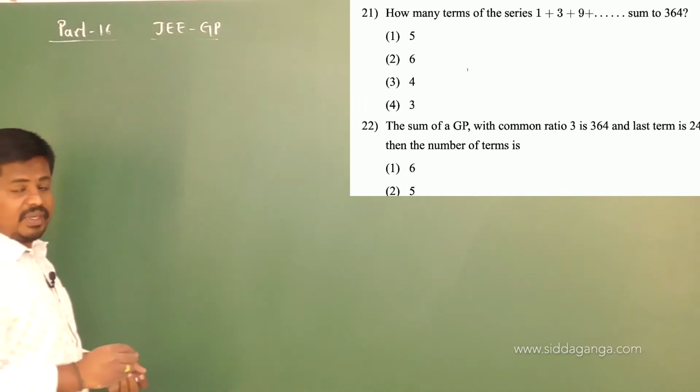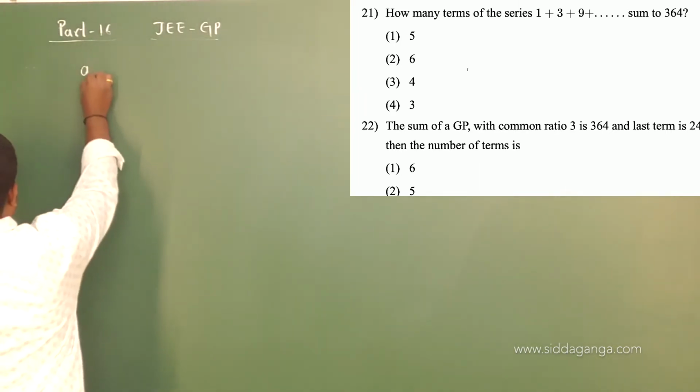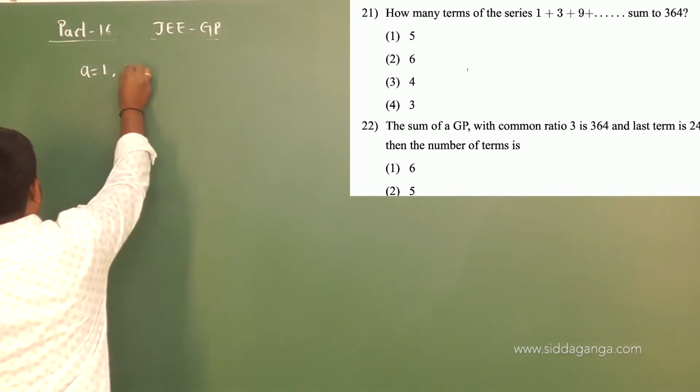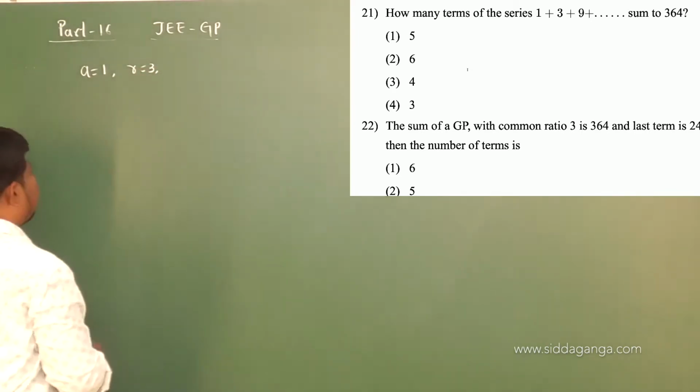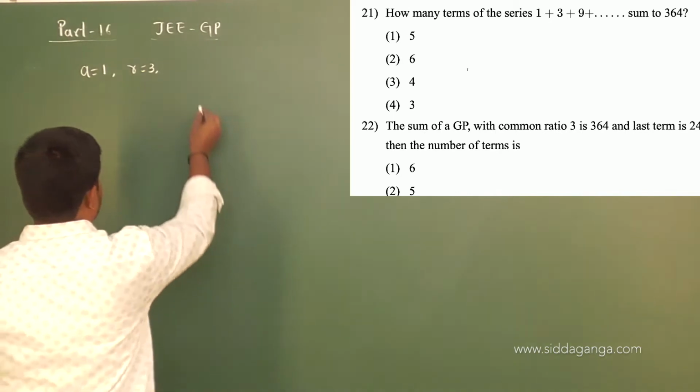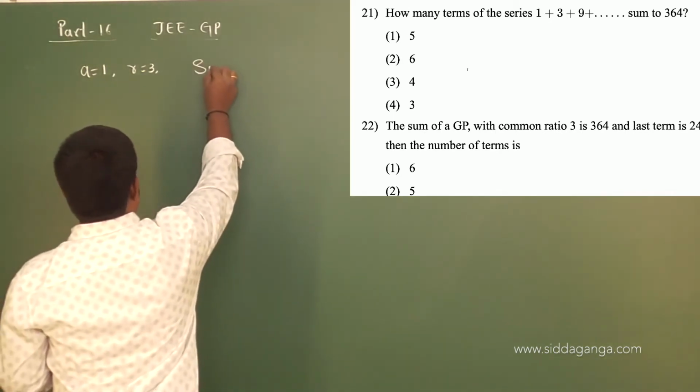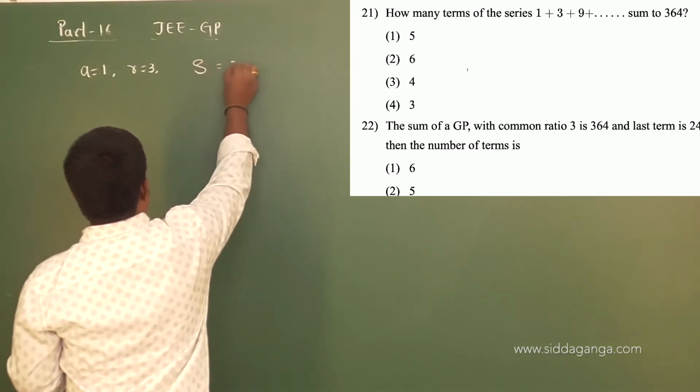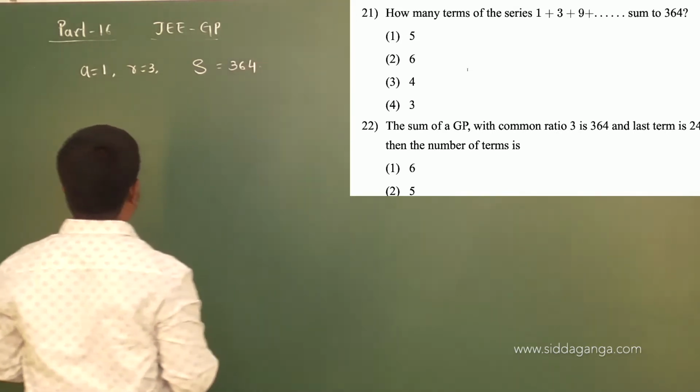Okay. So here we have a is 1, r is 3, right? Let n be the number of terms. Gives sum 364. Sum is given, that is 364.